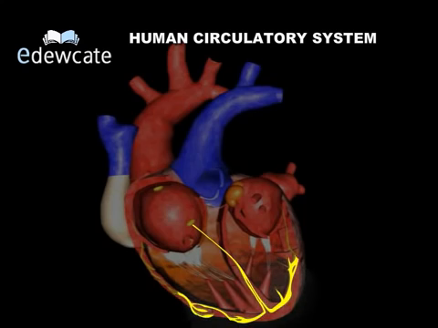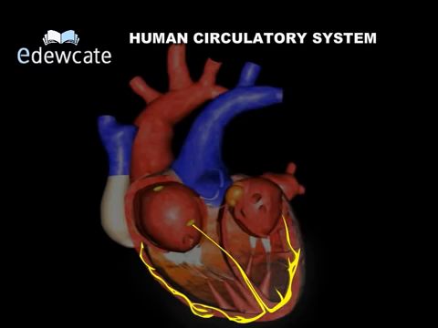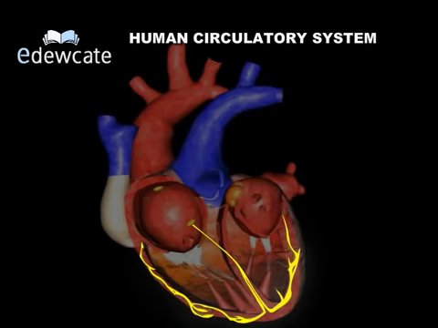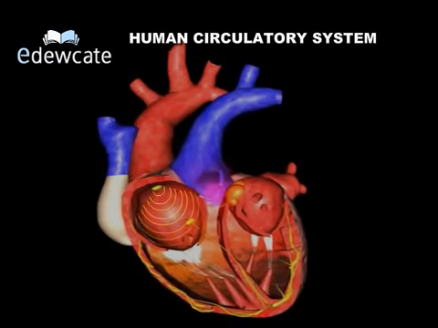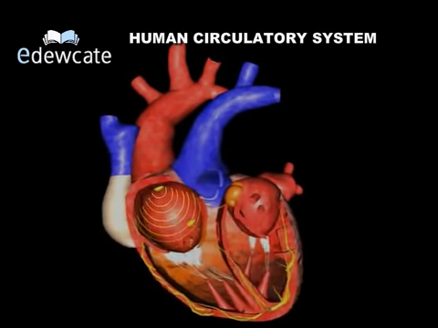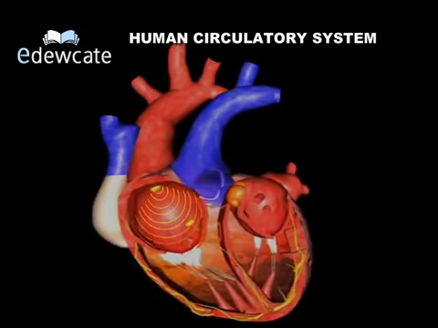These branches give rise to minute fibers throughout the ventricular musculature of the respective sides, called Purkinje fibers. These fibers, along with the right and left bundles, are known as the bundle of HIS. The nodal musculature has the ability to generate action potentials without any external stimuli. That is, it is auto-excitable.